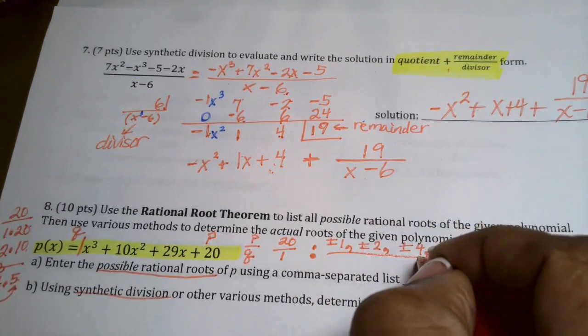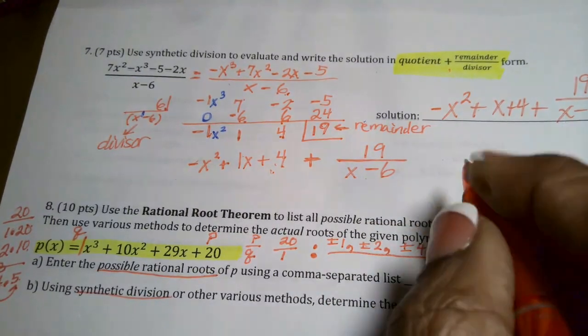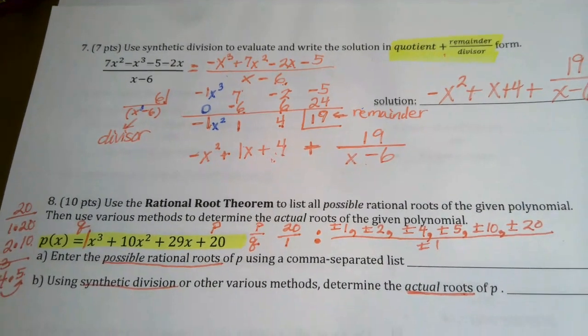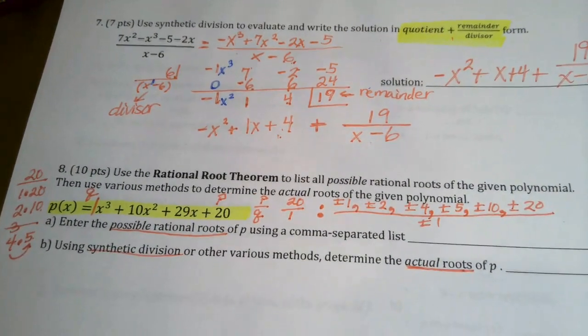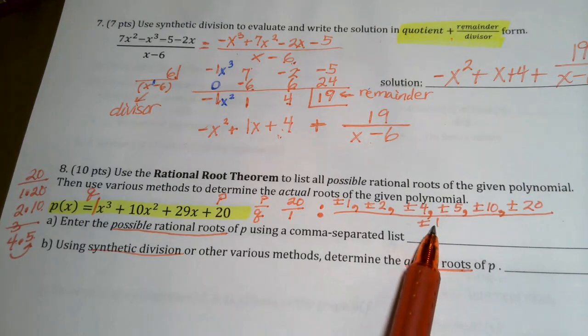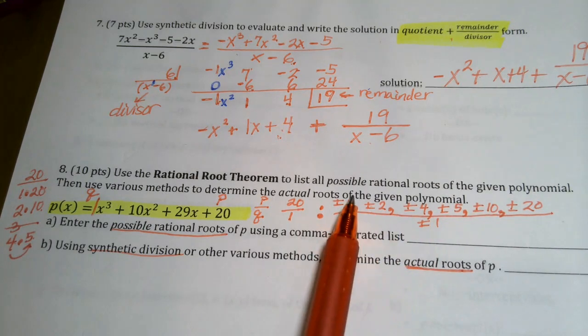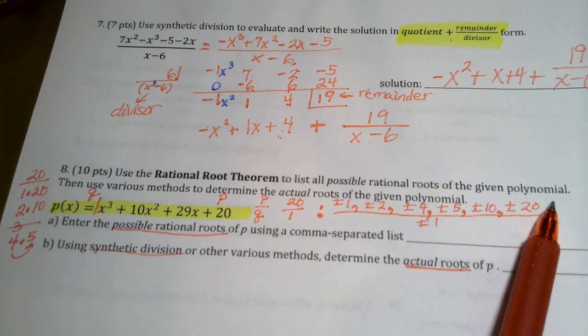So 1 is the only factor of 1, so we're going to list plus or minus 1 in the denominator. Now, we only have one factor in the denominator, actually 2 if you count plus and minus, but we're going to create a fraction out of all of these possibilities above.